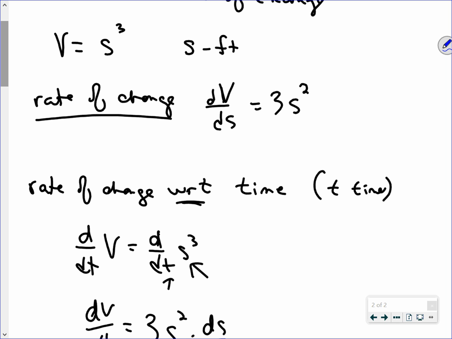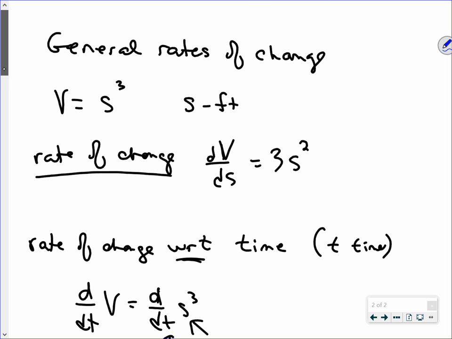If someone just asks you to find the rate of change, this is where I make the mistake. When someone just asks you to find the rate of change and they don't tell you what it's with respect to, it's almost always with respect to time, not to the given variables. So if it just says find the rate of change, then it means dV/dt, and this would become 3s squared times ds/dt.